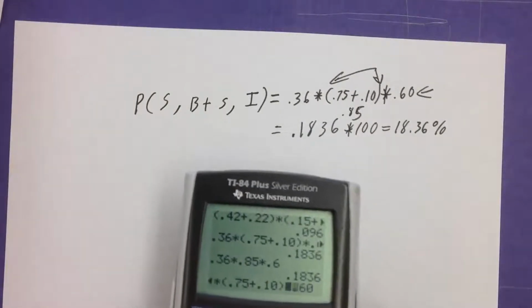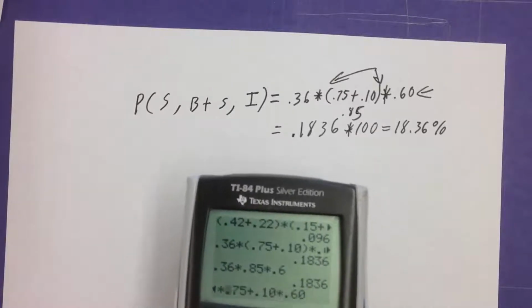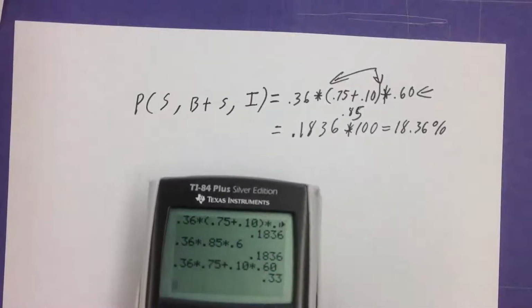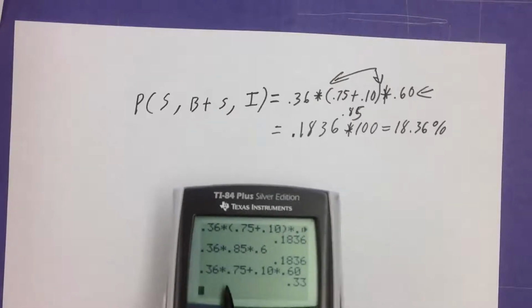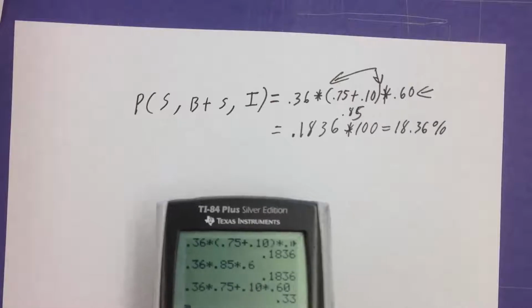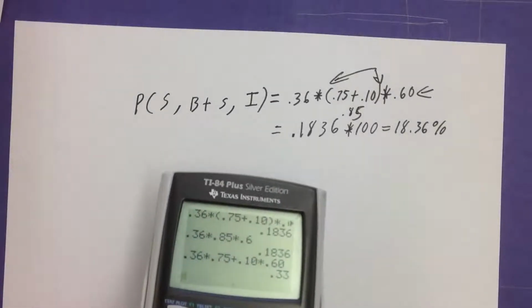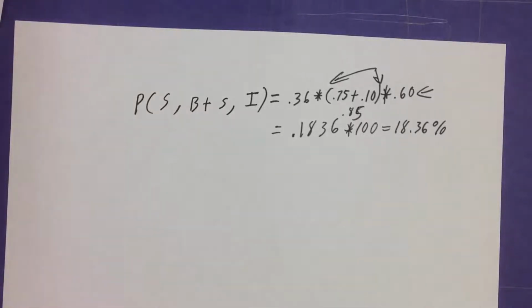I'm going to remove the parentheses. Delete that. And delete this one. Enter. 0.33. Now what's going on here is that the calculator doesn't understand that I want to do the addition before I do the multiplication. It does it by PEMDAS. Remember, multiplication comes before addition, so it's going to do the multiplication before it does the addition.